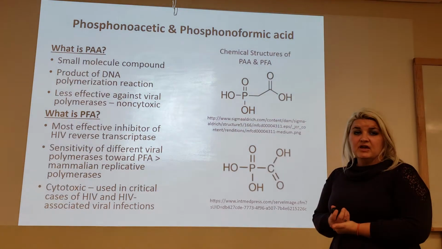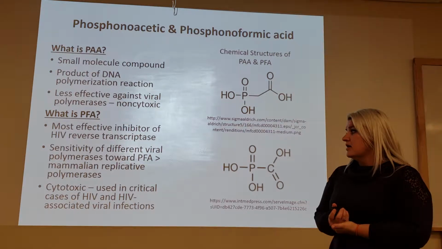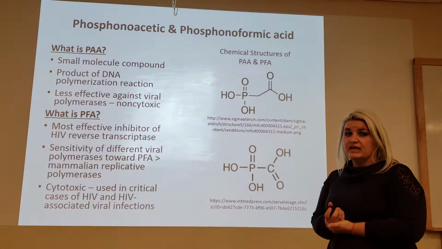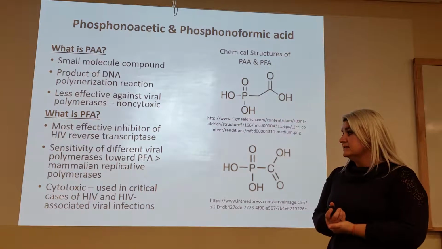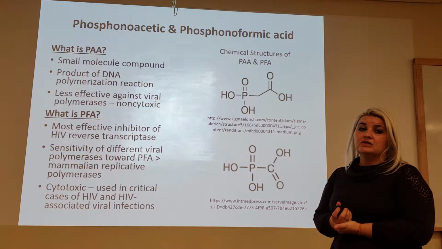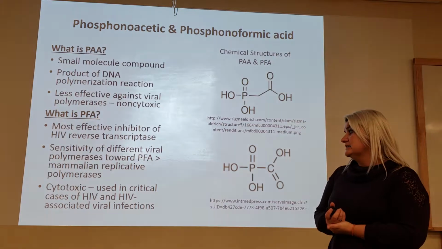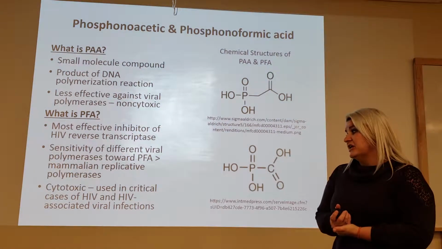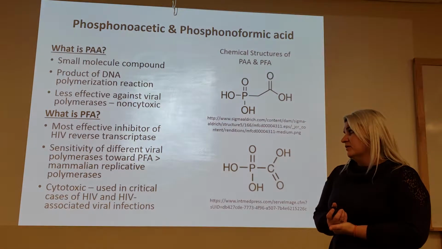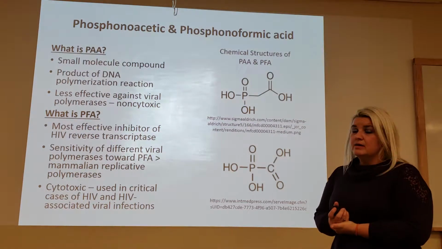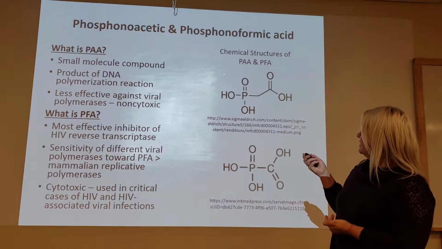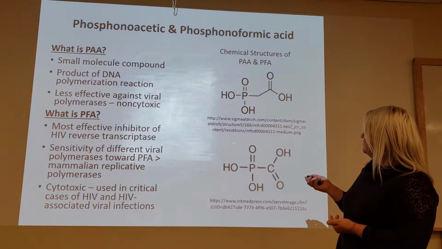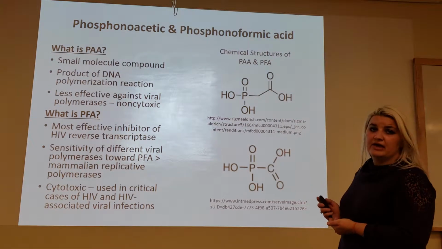The sensitivity of the viral polymerases towards PFA is greater than that of mammalian replicative polymerases. However, this is not used very often, only in cases where the HIV and HIV-associated viral infections are critical because it is cytotoxic. And these are figures of the PAA and PFA.